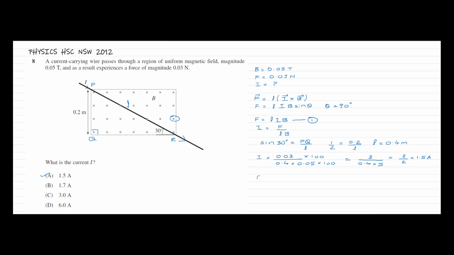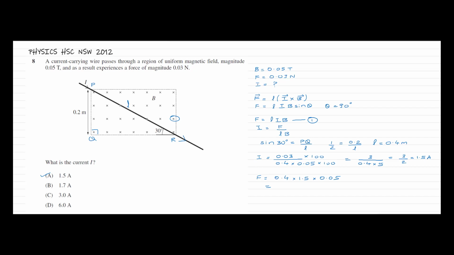So F with this option will be L which we just calculated as 0.4 times I, 1.5 times B is 0.05.